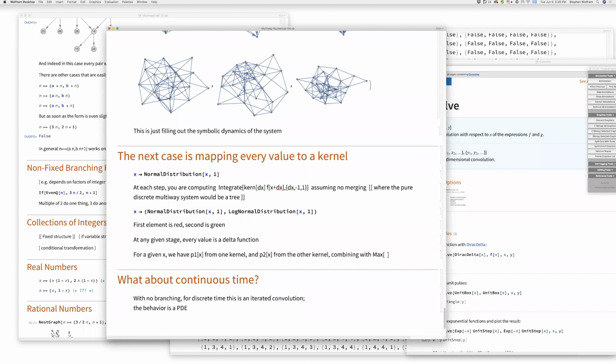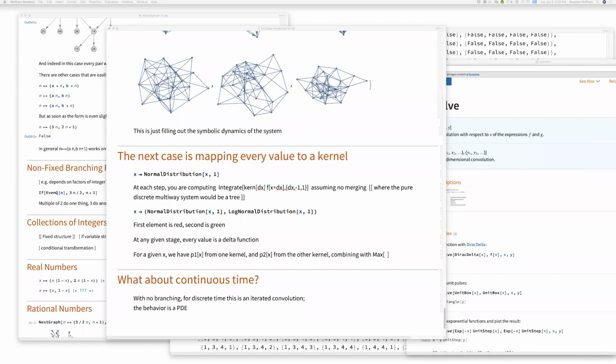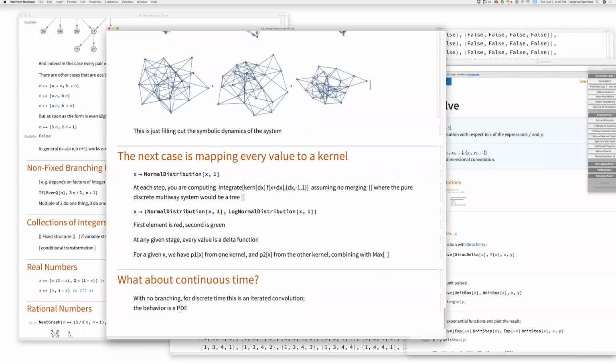It's a very civilized thing that you can do. Yeah, it's a sequential substitution system. There's no multi-way branching. In this case, I agree. But more than that, a PDE is not the only option. Okay, all right, so it's a PDE for continuous time.